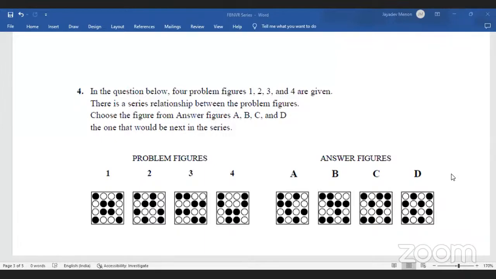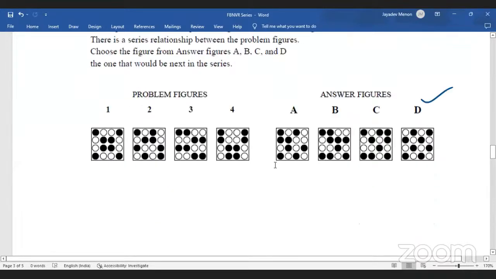The fourth column has 3 black circles. The fourth row also has 3 black circles. Now coming to option D, each row and each column has only 2 black circles. So our answer is option D. Next question.